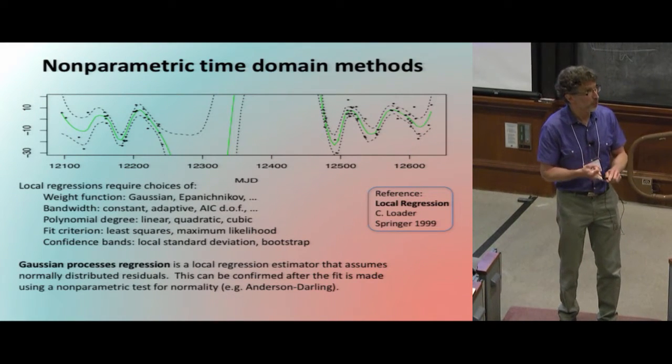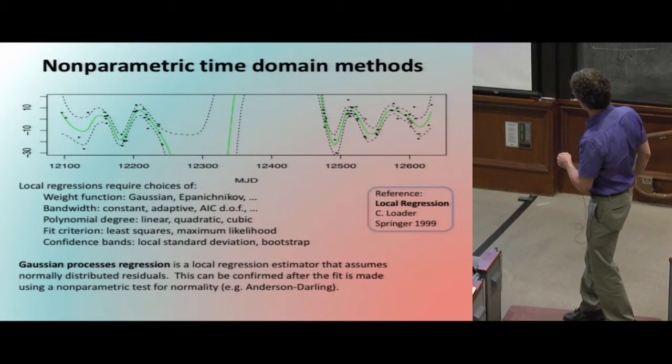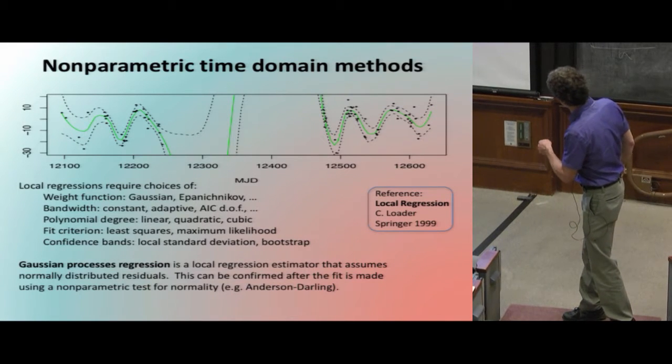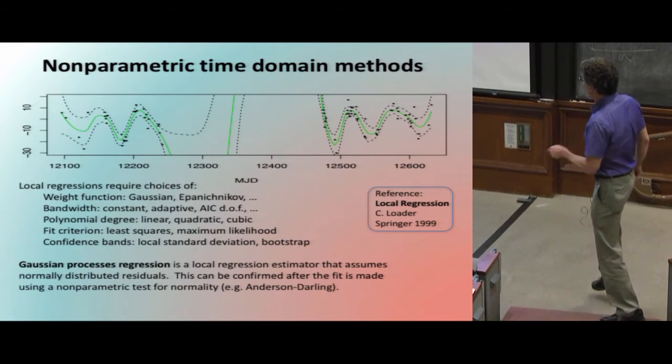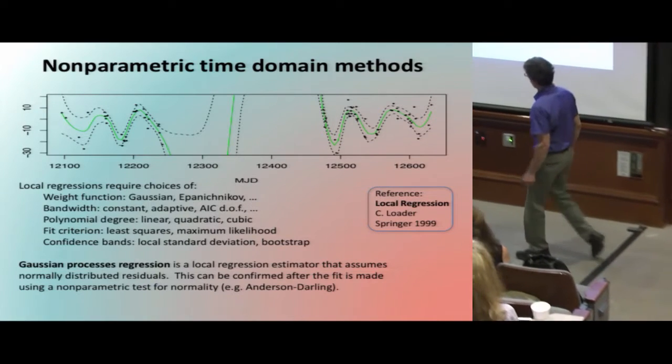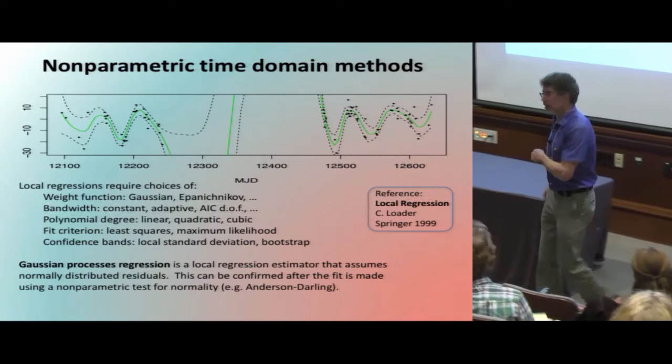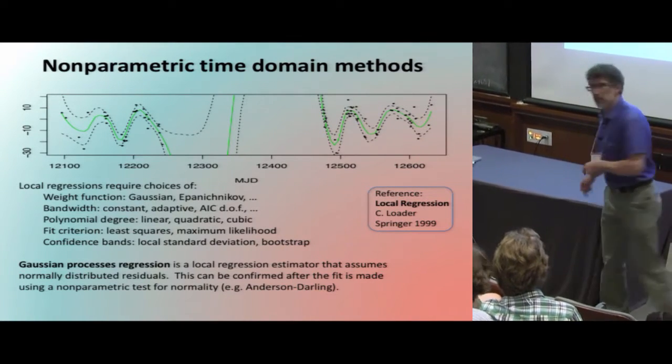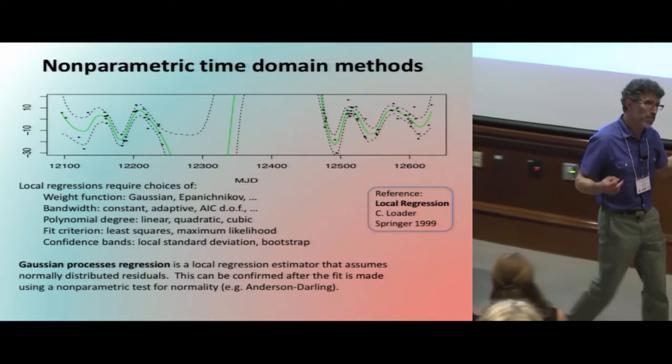That's the oldest one, dates back to the 1970s. There's various local regressions, and this one's using a code called LocFit by Clive Loader. And another one is called Gaussian processes regression. It's one of these local polynomial regressors that assumes that the errors are normally distributed, which is a reasonably good assumption.